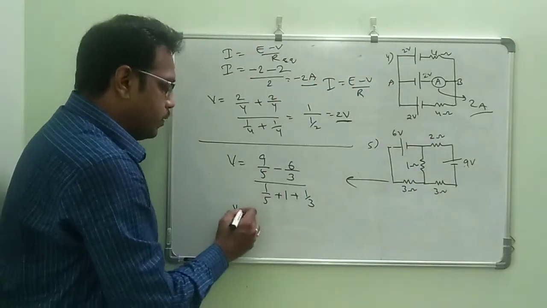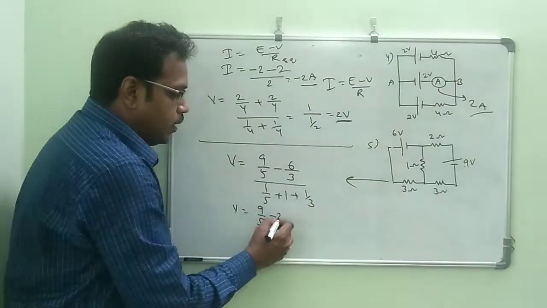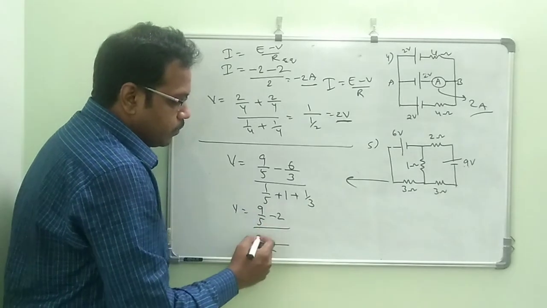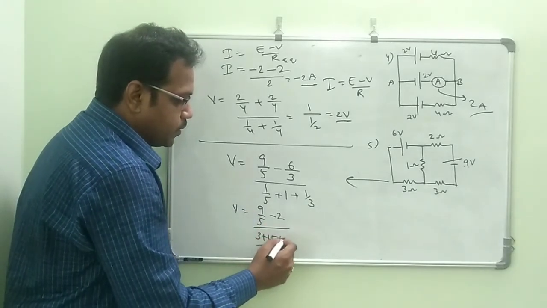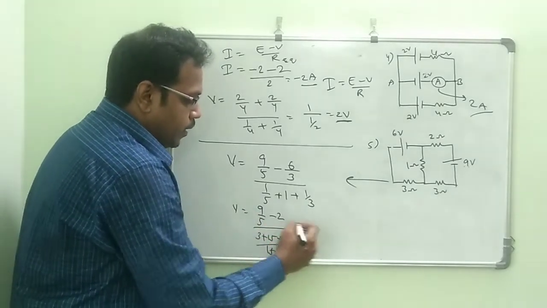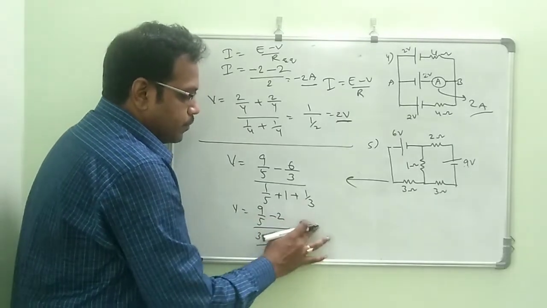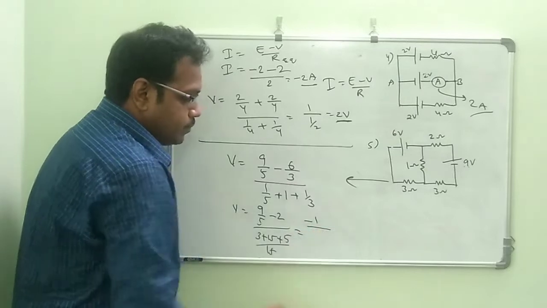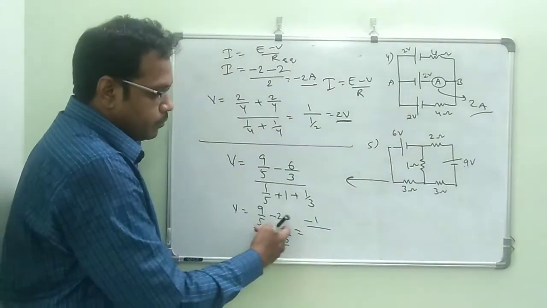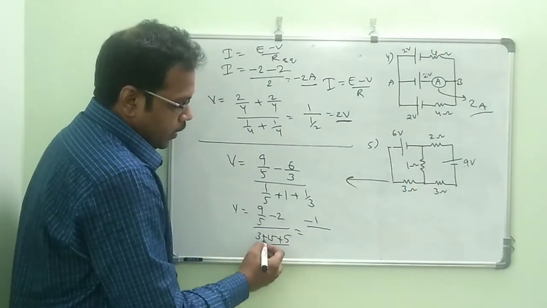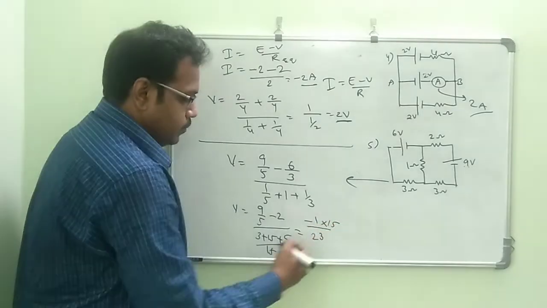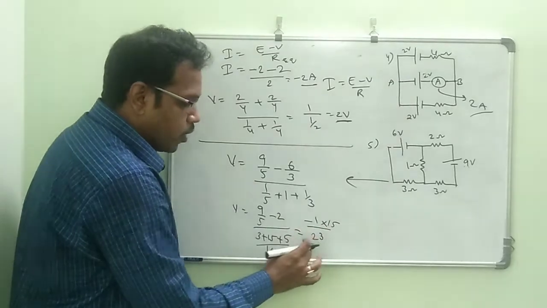So solve this one: 9 by 5 minus 2 by 15, LCM 15, 3 plus 15 plus 5. So minus 1 is coming here, and 23 by 15.